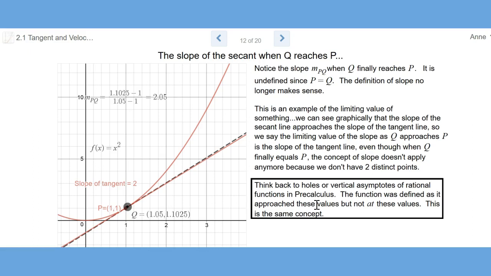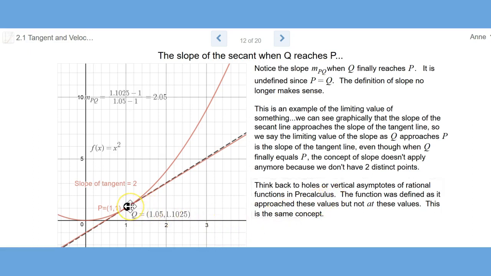As x gets closer and closer to that x value where the hole occurred, it's approaching the y value where that hole is, but it doesn't necessarily reach that y value, but you can get as close as you want. That's the same concept. I'm getting as close as I want. I can always get closer and closer, but that limit is going to be the slope of the tangent line.